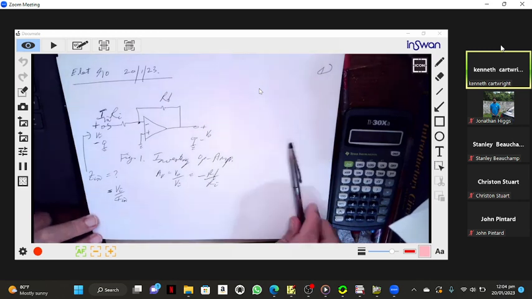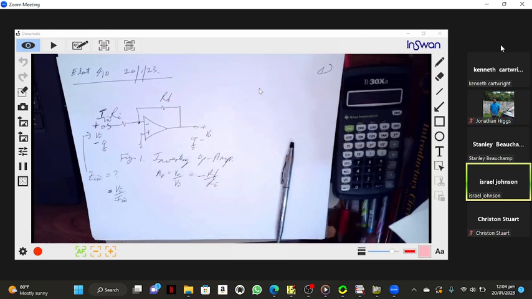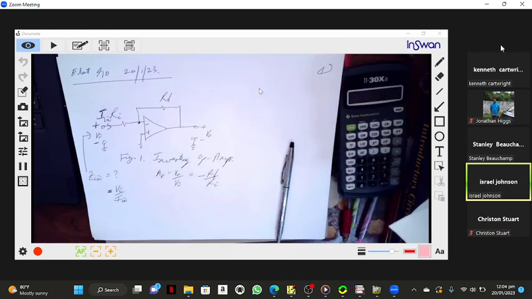Where do you get that from? That's the only way we could solve for Iin, because the input current into the op amp would be 0, so that we'd have to look at RI.